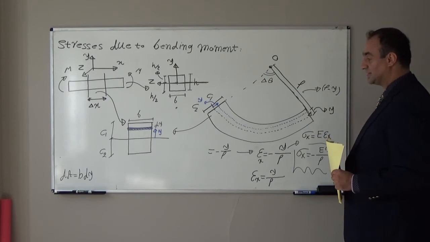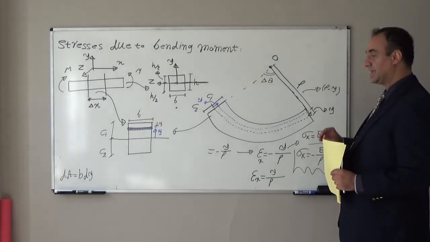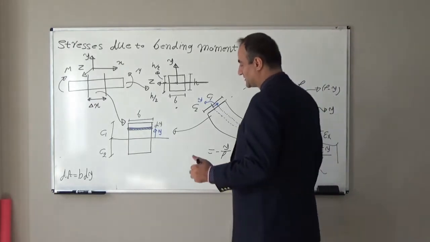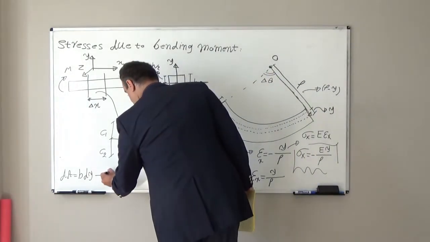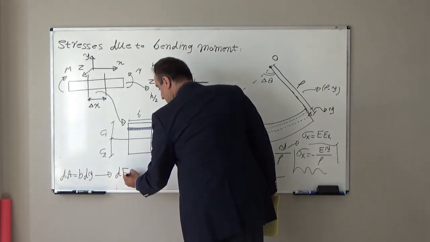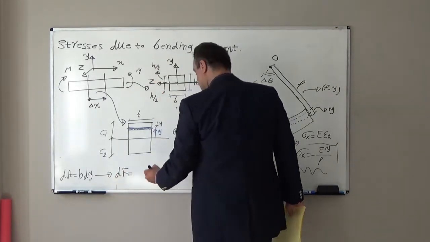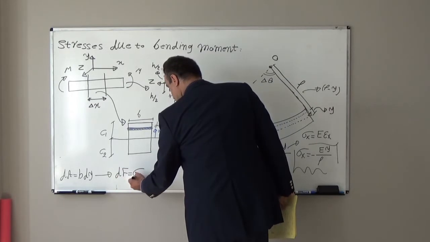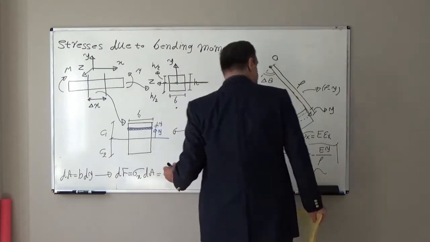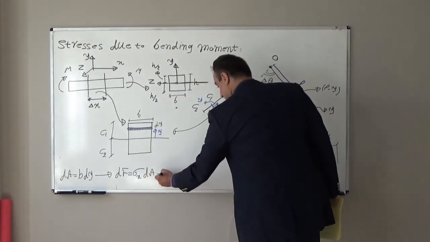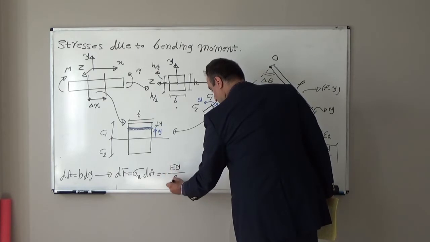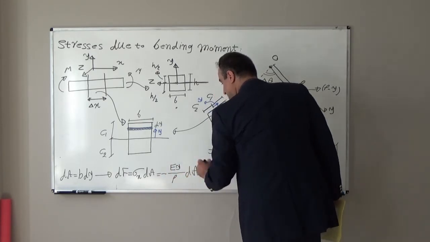Stress times area will give us force. The force there, dF, will be equal to stress sigma x times dA, so sigma x is negative E y over rho, times dA.